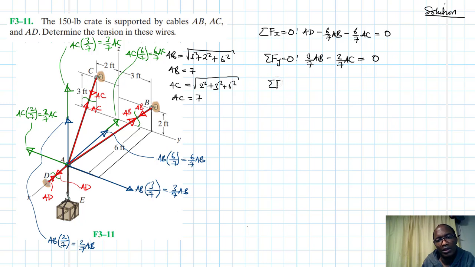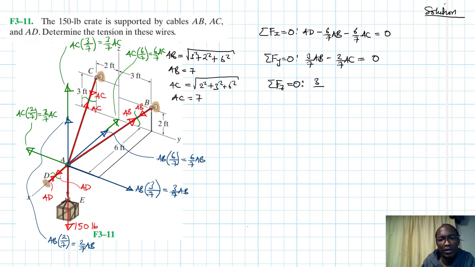Then we have summation of forces in the z equal to 0. We do have one force that I didn't indicate. The weight of this is equal to 150. What do we have in the z?